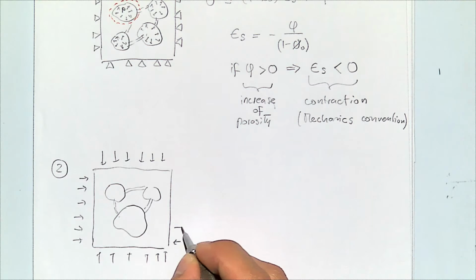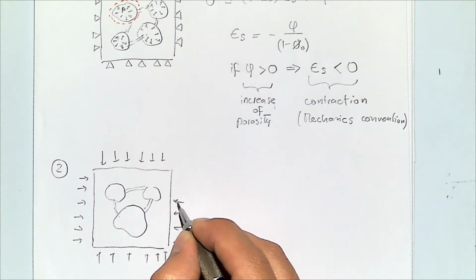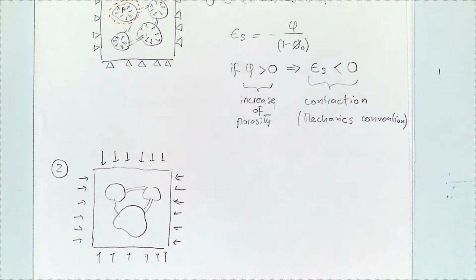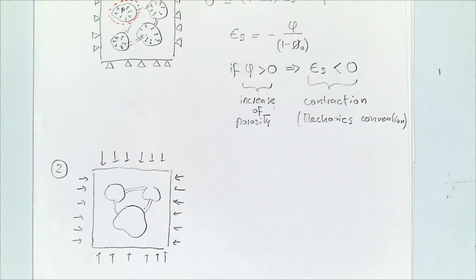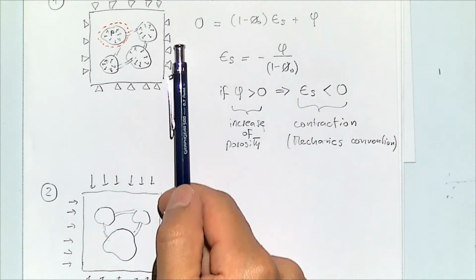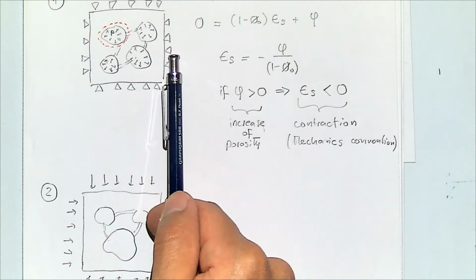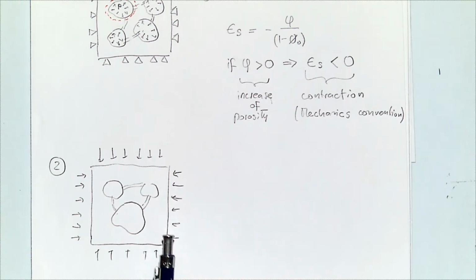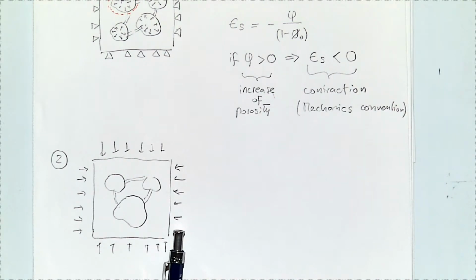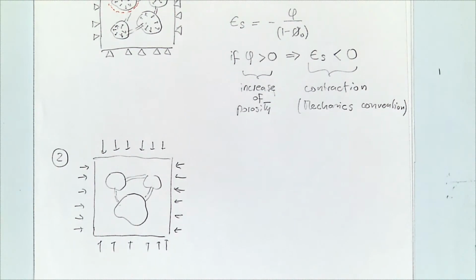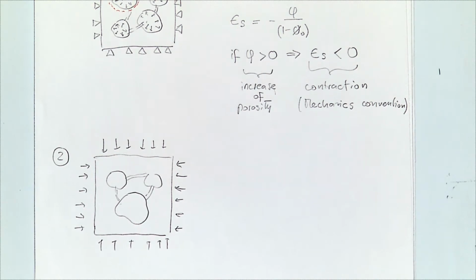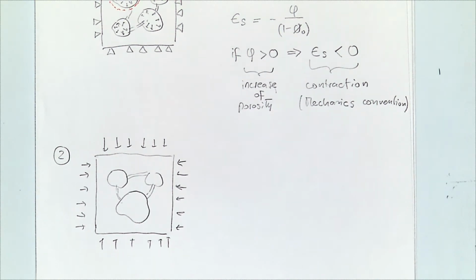Remember what we said last class? For any mechanics problem, you either apply stress or displacement. You cannot apply both. So in the previous case, we fixed the displacement on the boundary. Now we're fixing stress on the boundary.